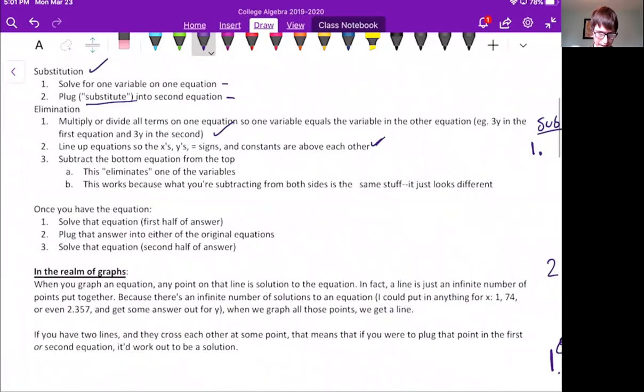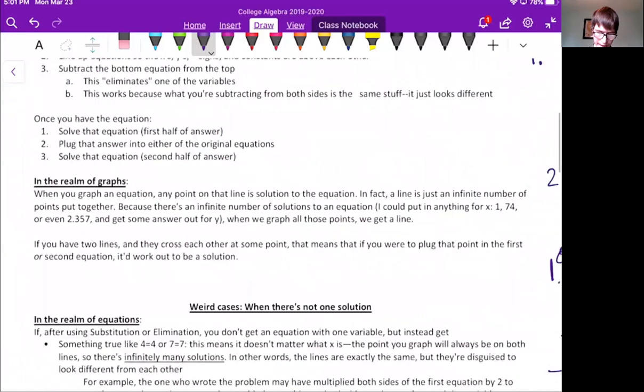All right. Now, one last thing to mention before we move on, or maybe two last things, is the realm of graphs. Graphs are a little bit different. I wish you could see the graphing paper that's on here, but it doesn't really show up well in the video. In the realm of graphs, the solution is the point where both lines intersect.